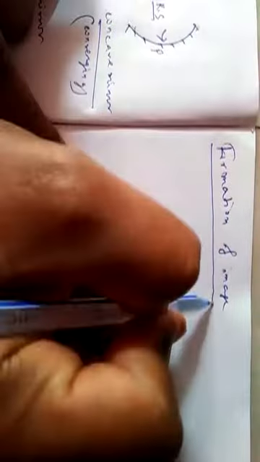Now let us see different types of image formed in a spherical mirror. Formation of image. First, concave mirror, real image.